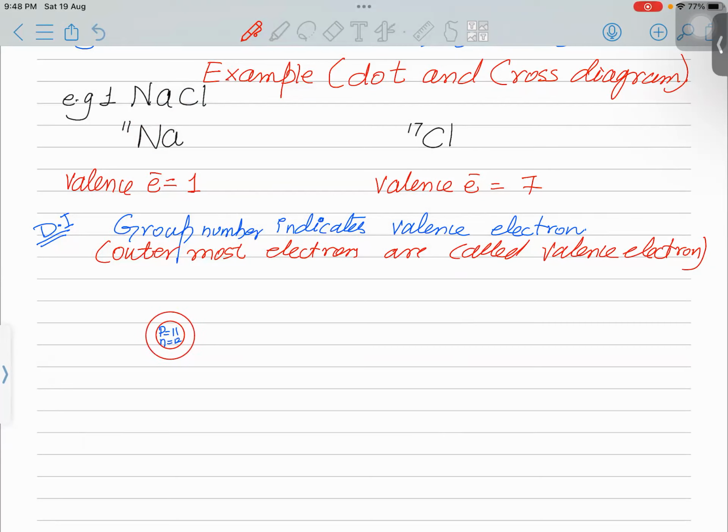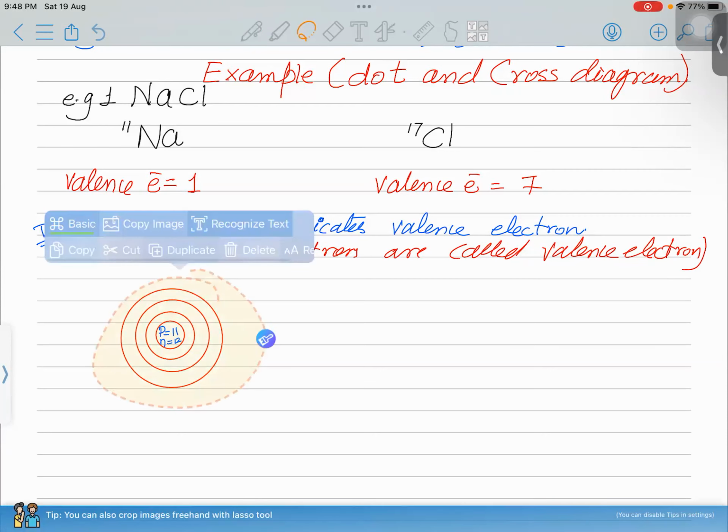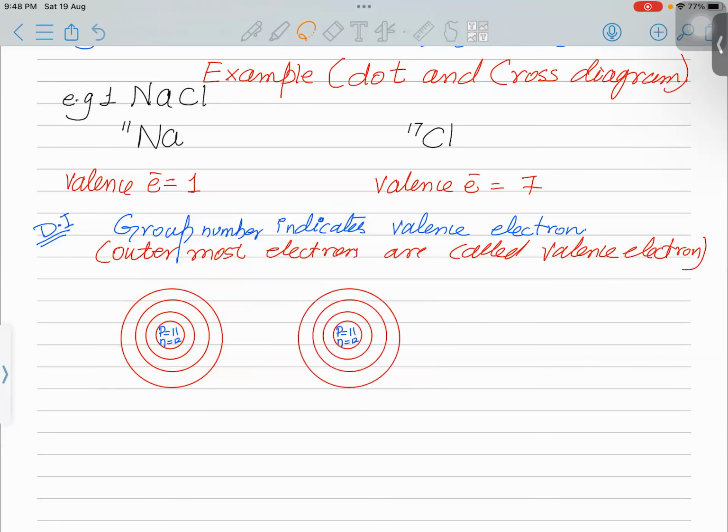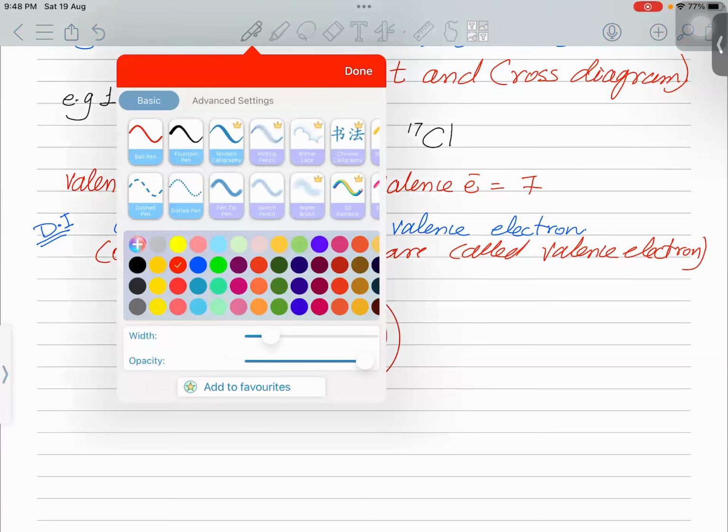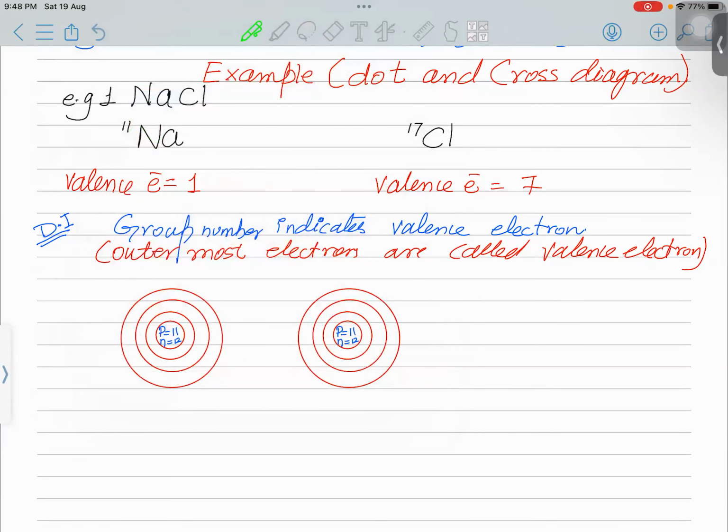This is the first shell. This is the second shell. This is the third shell. Now look at the electrons: 2, 8, 1.